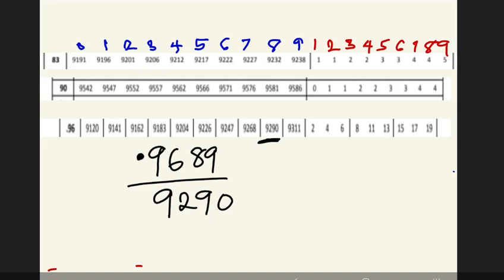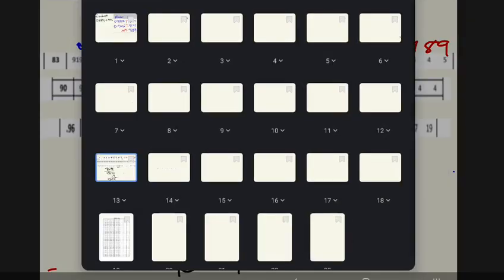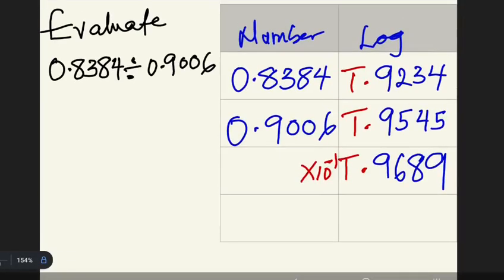In difference 9, we have 9 plus 0, which is 9. 1 plus 9 is 10, we write 0 and keep 1. So this is 3 and 9, which gives us 9309. So let's go to our paper. The antilog is now giving us 9.309.